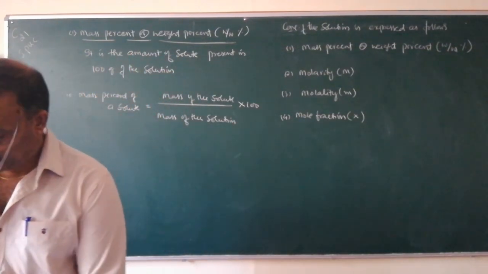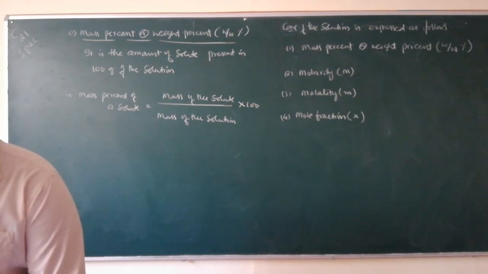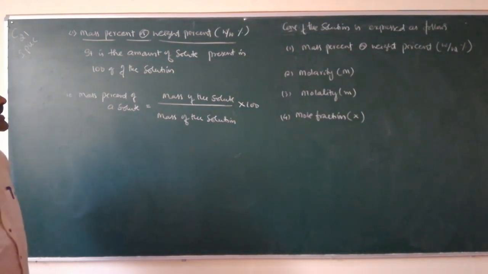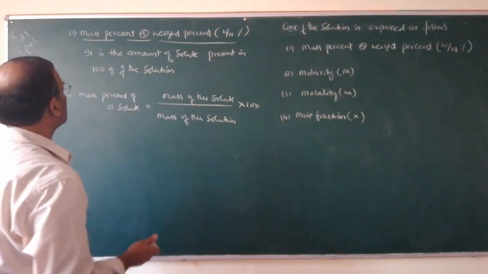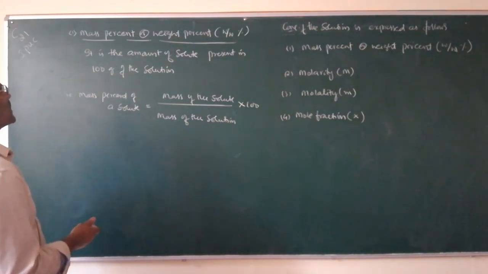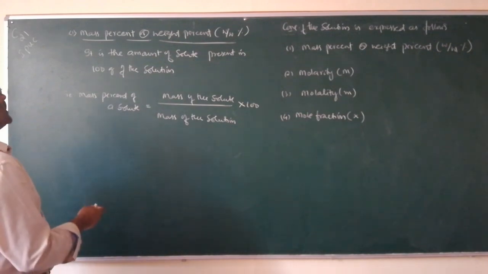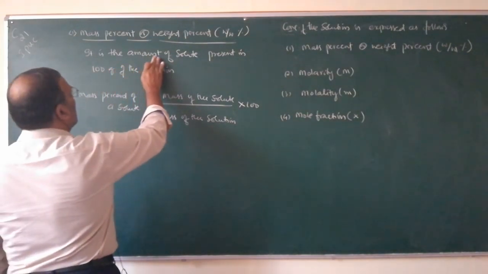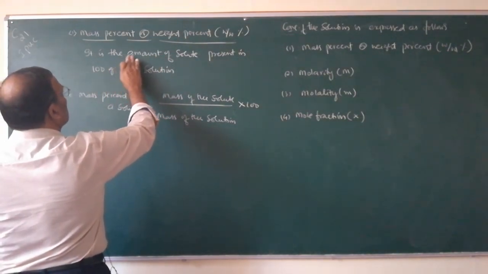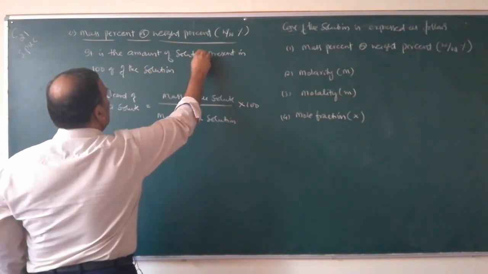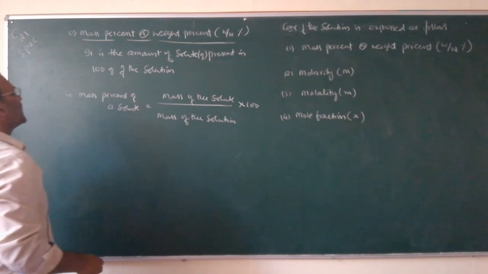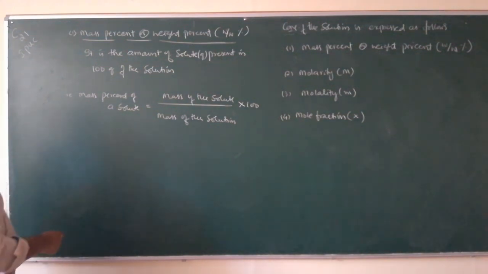It is the mass of the solute present in 100 gram of the solution. Or you can write, amount of solute means the amount of solute in grams present in 100 gram of the solution.